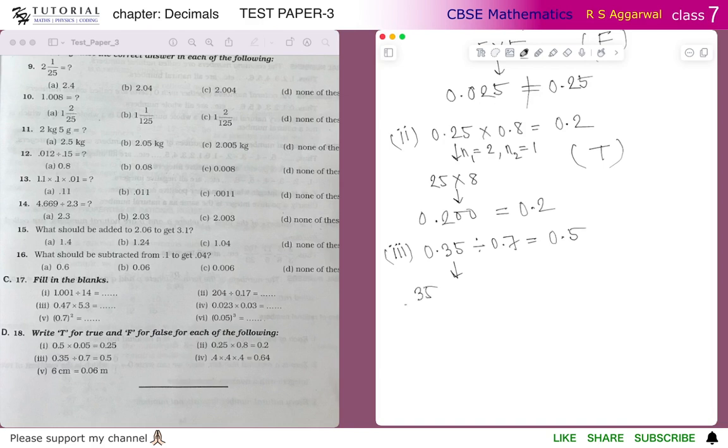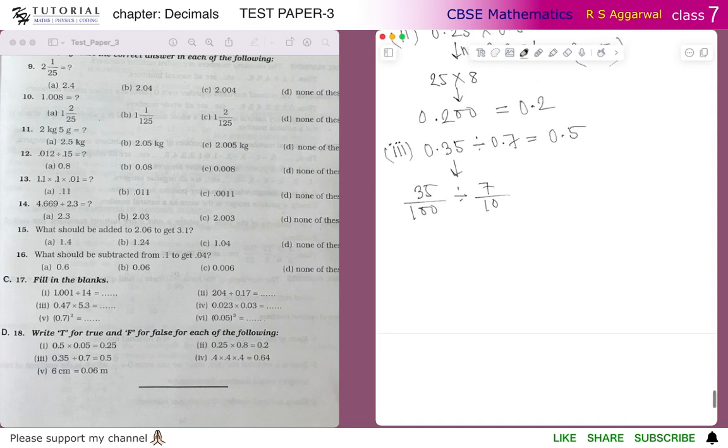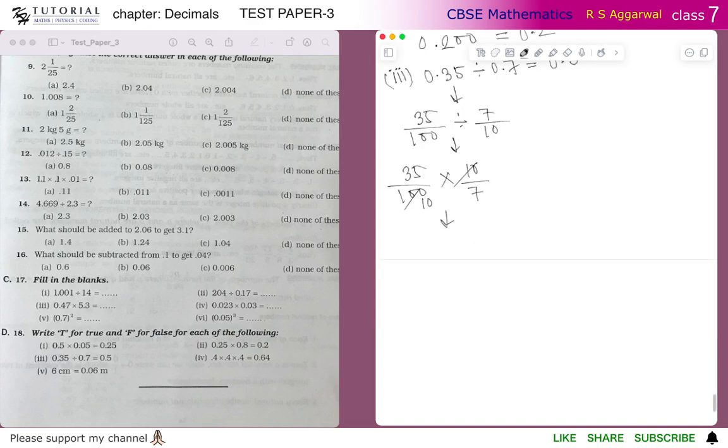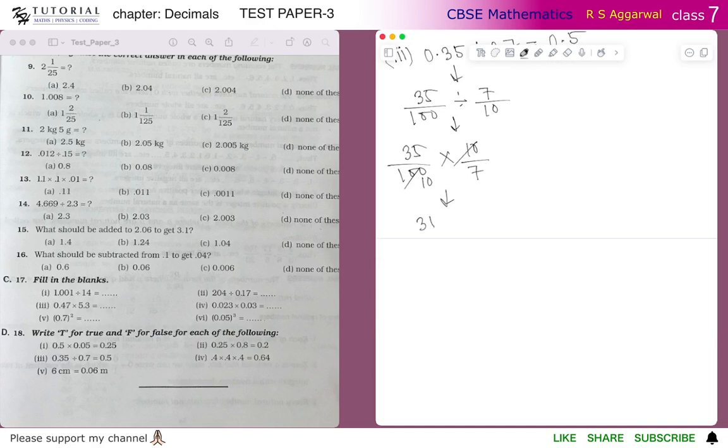This becomes 35 by 100 divided by 7 by 10. This is 35 by 100 multiplied by 10 by 7. We cancel out the powers of 10. So this is now 35 by 7 multiplied by 1 by 10.